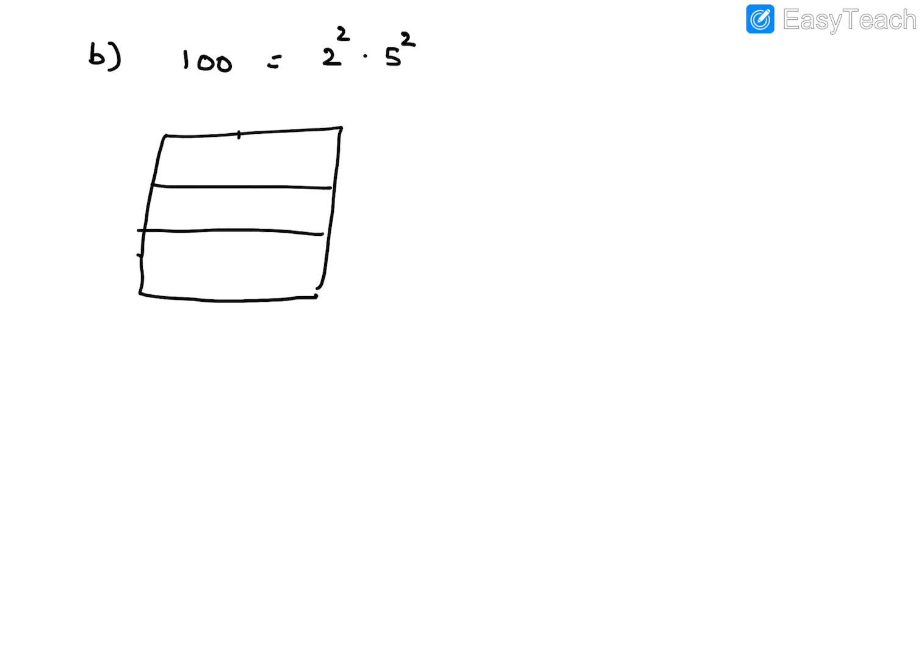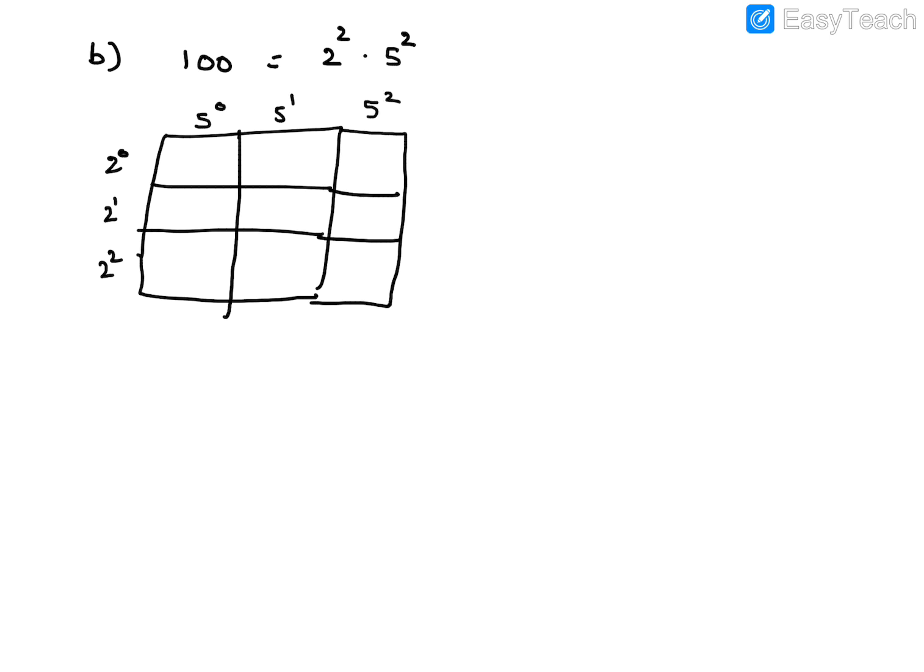Let's take 100, and we know 100 can be written as 2 to the 2 times 5 to the 2. When I put it in a tabular format, I can say 2 to the 0, 2 to the 1 and 2 to the 2, 5 to the 0, 5 to the 1 and 5 to the 2 all are divisors of 100.